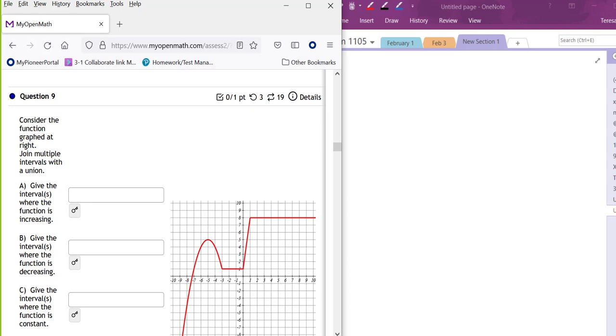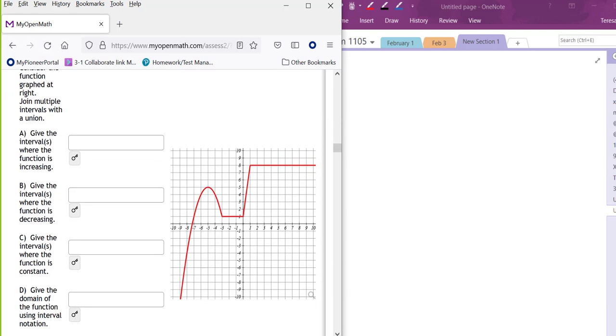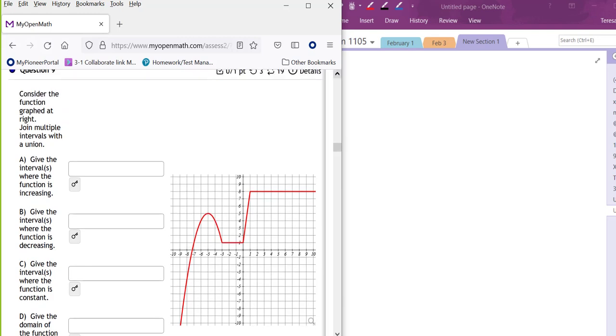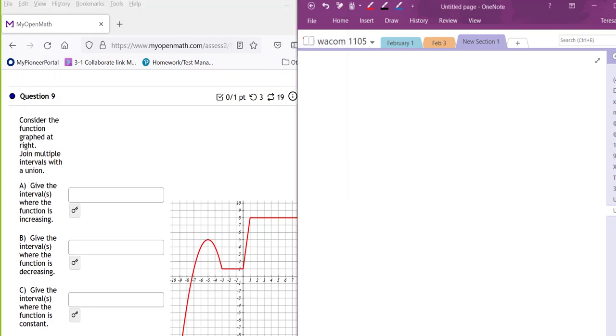All right, so this one is good because it's going to show you more than one increasing and decreasing interval. That is why I picked this one. So first of all, it asks us about increasing.